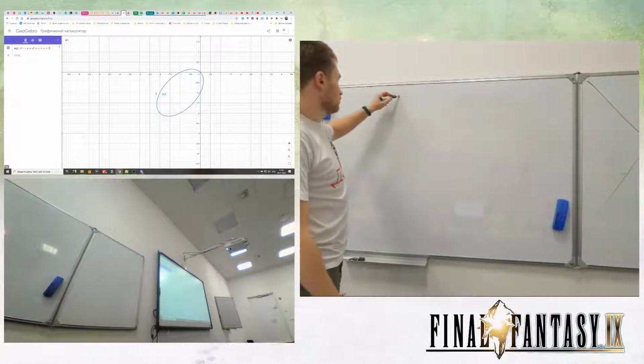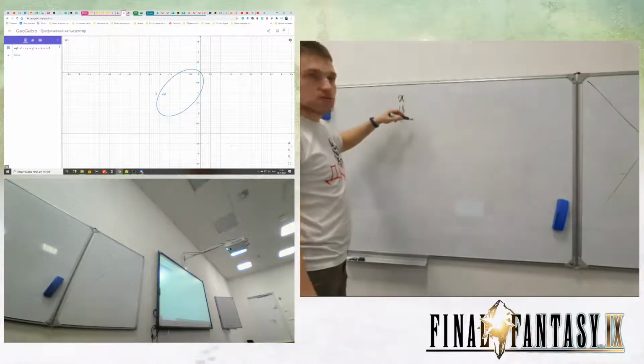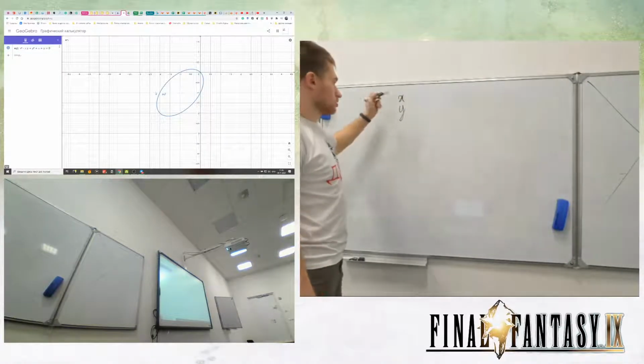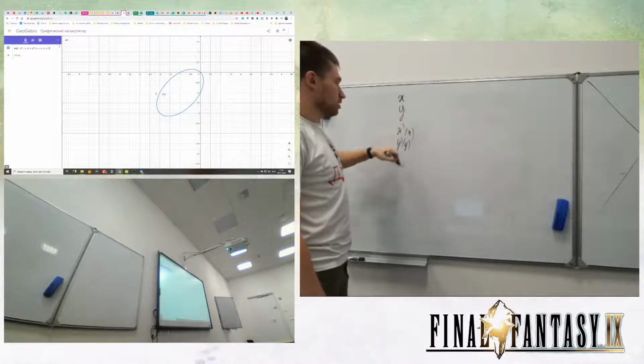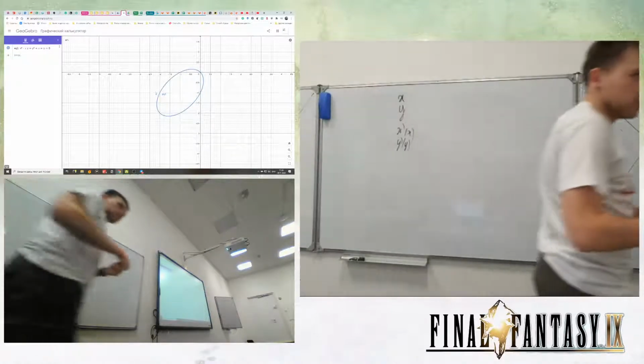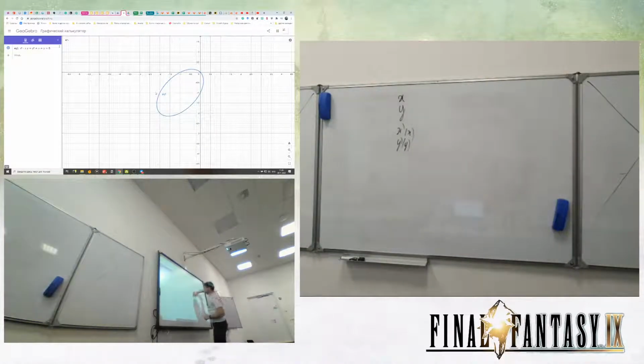So we have xy, and we should transform it to x prime, y prime, depending on x and y, of course. After it, we need to rotate it along some axis, for instance, the x-axis. Boom. After this, we need to shift it. So we will put our center.